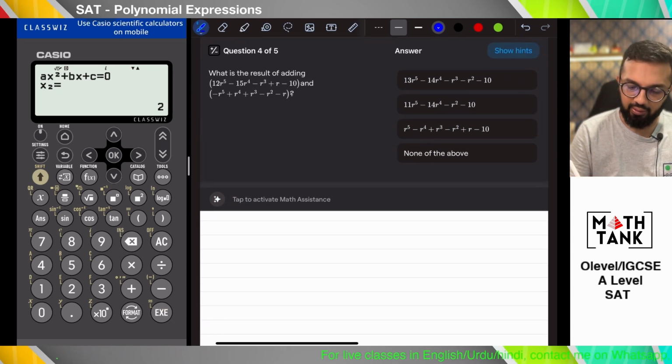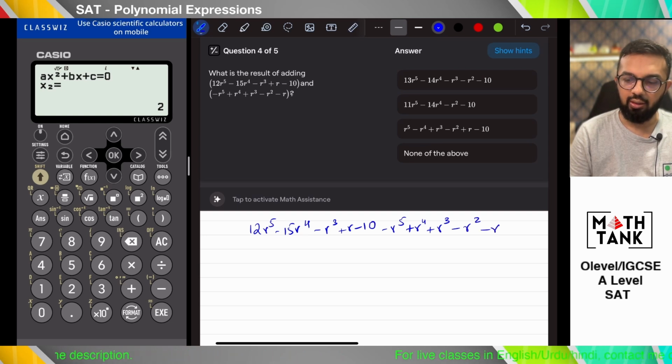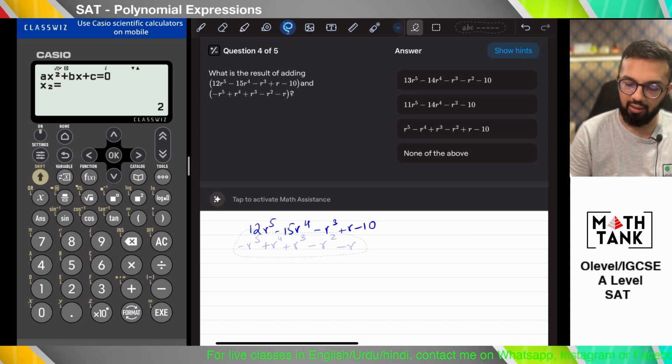Okay, let's solve this one. It says 12r^5 minus 15r^4 minus r^3 plus r minus 10. And I want to add minus r^5 plus r^4 plus r^3 minus r^2 minus r. So an intelligent way of doing this is to usually put this in a second line and then decide what you want to add, subtract.